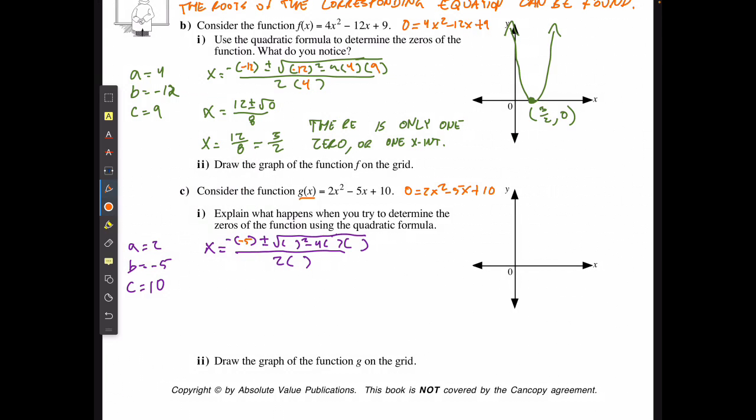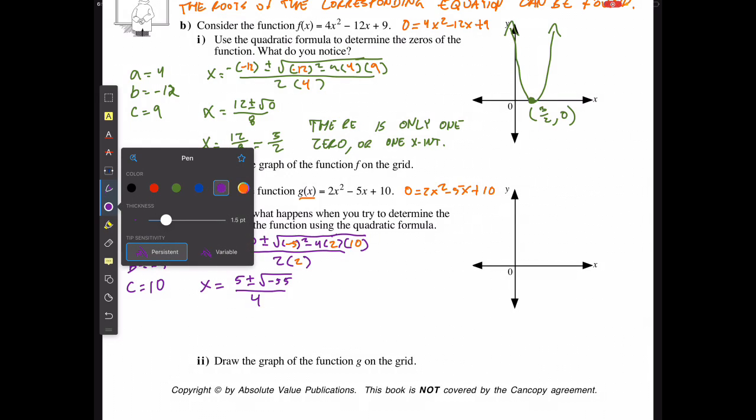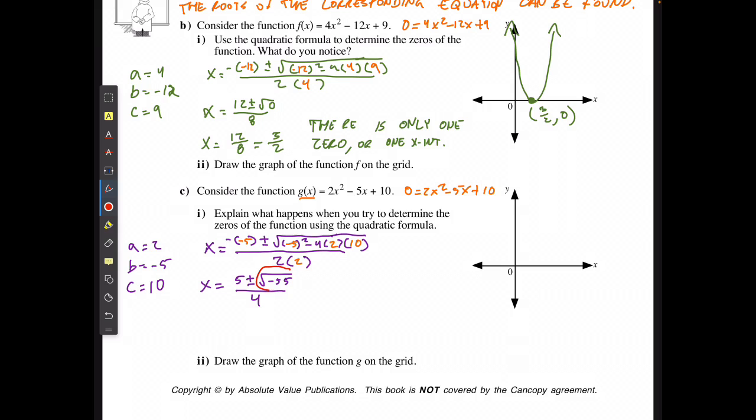I go b, a on the bottom, and the last one on top is c. And when I simplify all these, I'm going to get 5 plus or minus the square root of negative 55, all divided by 4. And then I see a problem because right here I see the square root of negative 55.